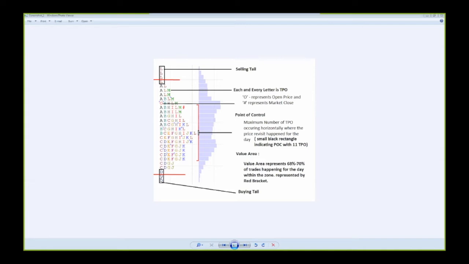Again, this describes exactly what TPO is. You also have a point of control, and then value areas. Some people like to use letters. I prefer to use blocks. It really doesn't matter. So we'll go ahead and switch to my actual TPO profile.